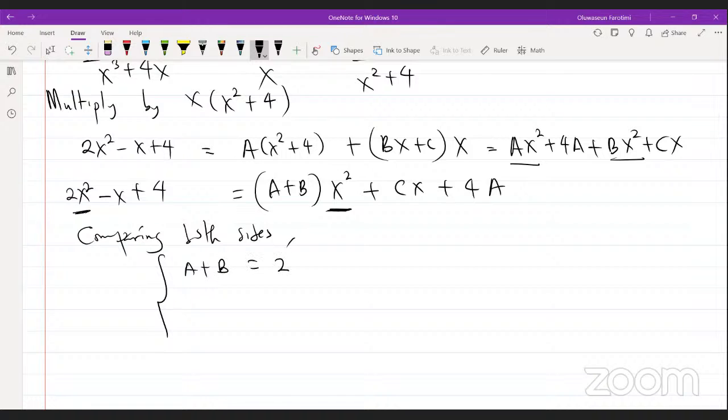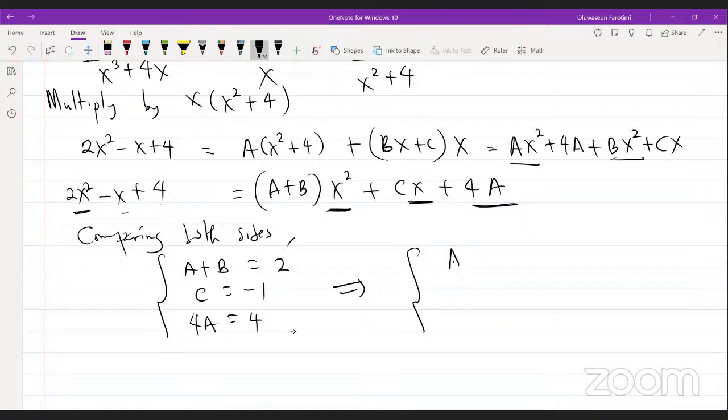This has x, this has x, so that means C is minus 1. This is 4A, this is 4. Those are the constants, so 4A equals 4. Set the constants equal to themselves.